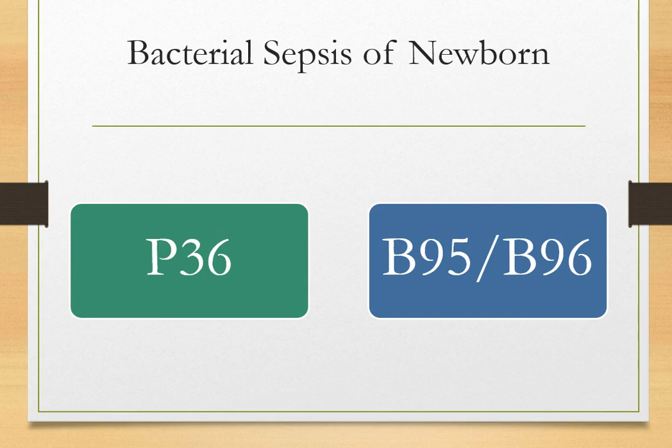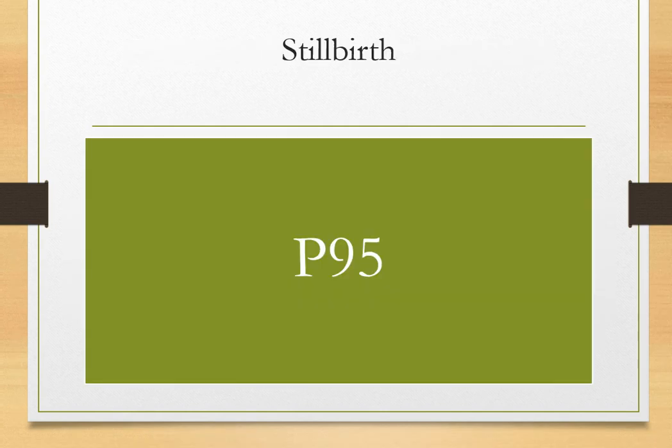However, if the P36 code does not include the organism, then of course you want to use an additional code to identify the organism. Also, if baby has severe sepsis, you know what that means. Yes, R65.2 and a code for the acute organ dysfunction.